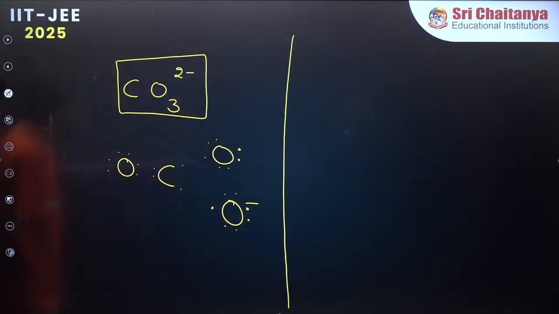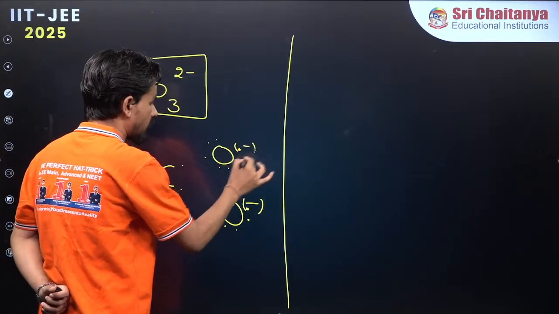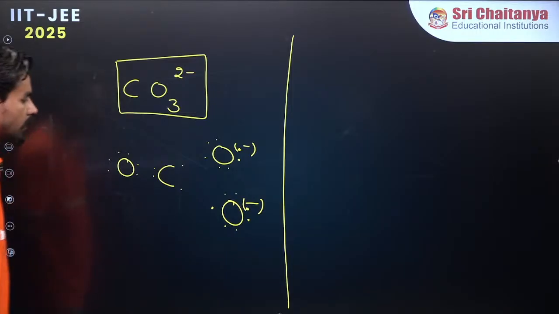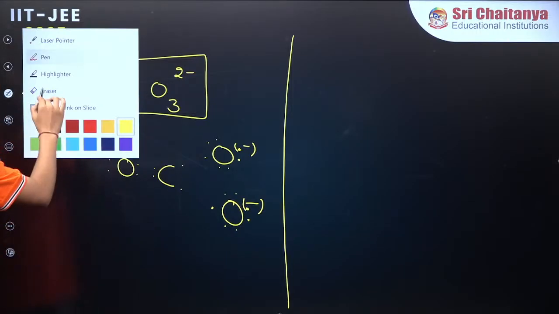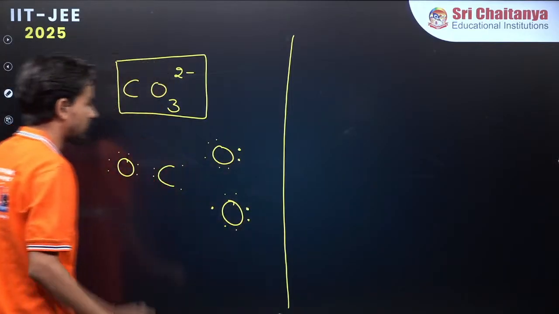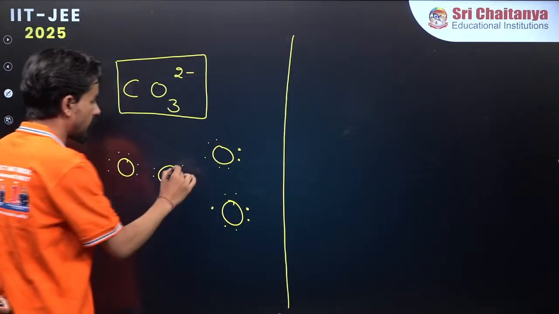This extra electron is due to negative charge. Negative charge means 1 extra electron. Or you can properly write it like this, or just leave it like this. 1 extra electron due to negative charge, and it will make a bond.